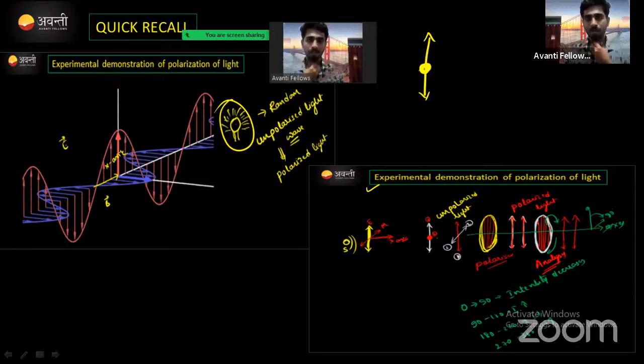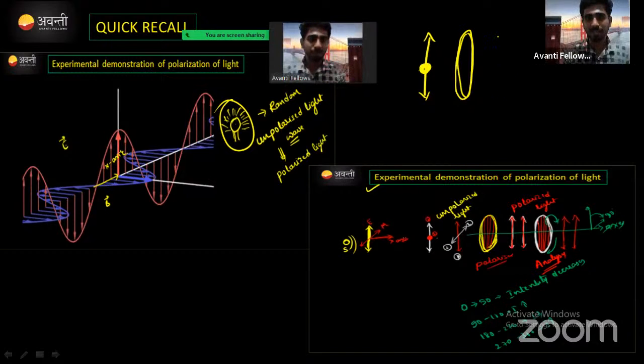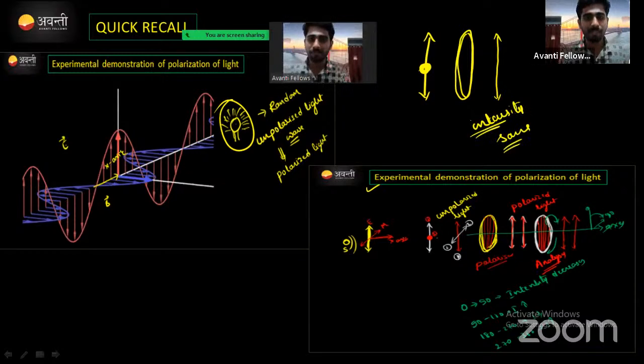When it passes through a crystal, here we took a tourmaline crystal, it has many slits, which are plane slits. Only the plane light is allowed; the perpendicular light is absorbed and does not pass through. Then plane waves come out from the tourmaline crystal without any change in intensity. The intensity is the same. This process we call polarization of light.